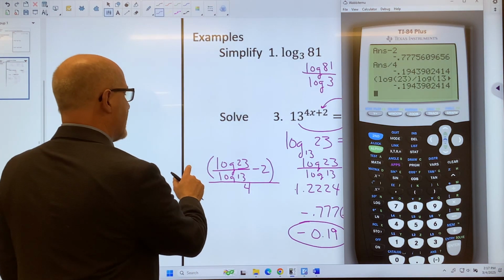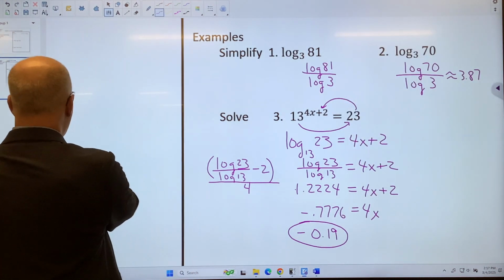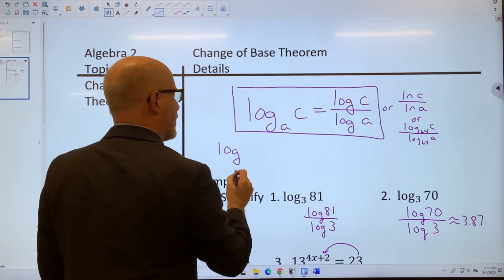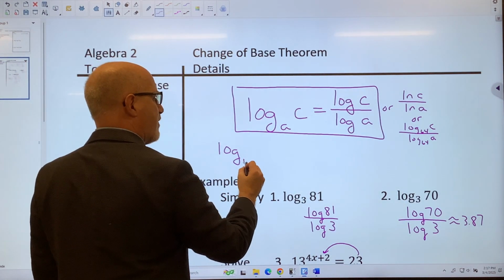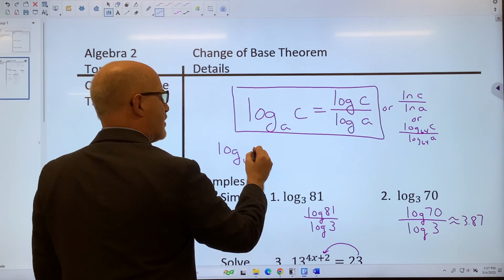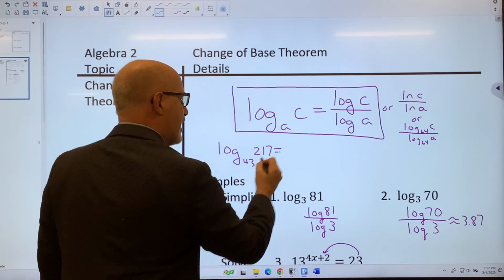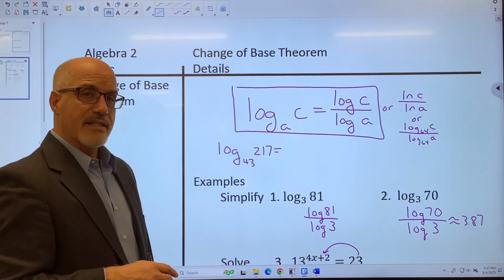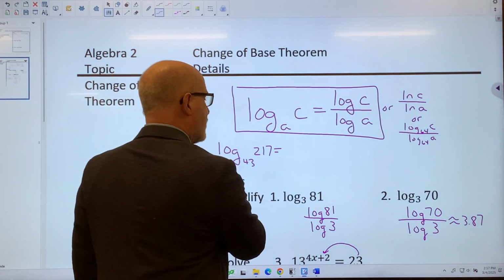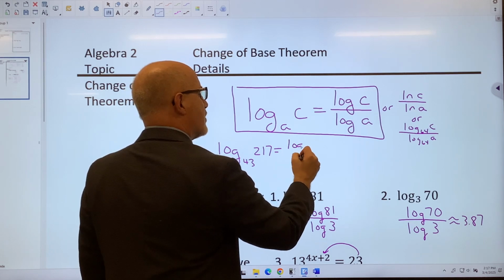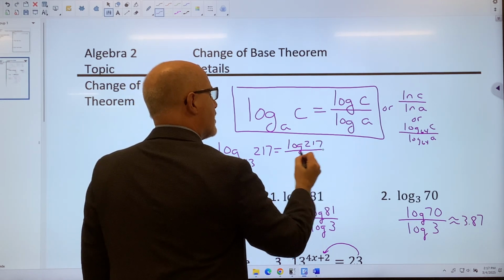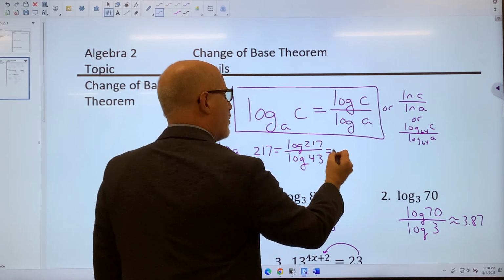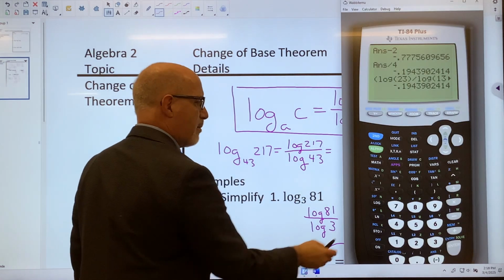So the major idea here is whenever you see a log that doesn't have a familiar base, let's say we have log base 43 of 217, and you want to figure out what that is, and you don't have the log base key on your calculator, all you have to do is do the common log of the 217 divided by the common log of the base, and that will give you your answer for this problem.